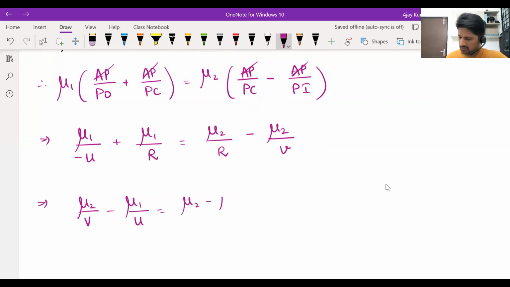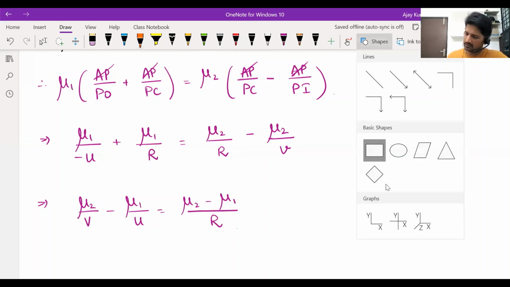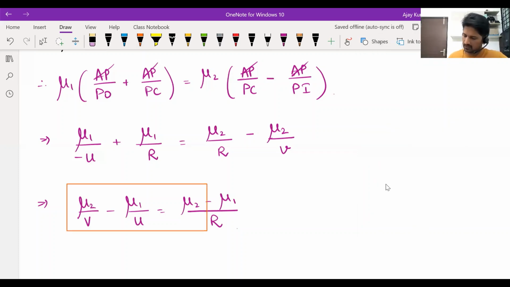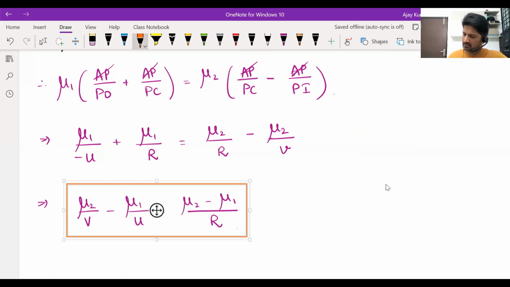This mu1 will go to the other side, become minus, and you get (mu2 minus mu1) by R. This is the formula, or this is the relation between object distance and image distance in case of image formation by a spherical refracting surface. So spherical surface refraction formula.